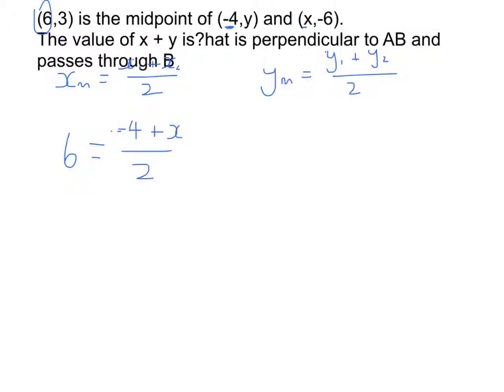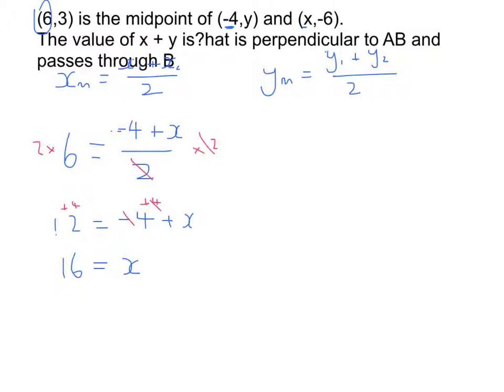Now I want to times both sides by 2, which cancels the fraction down. So we have 12 equals negative 4 plus x, and then we add 4 to both sides. That cancels that, which leaves us with x equals 16.